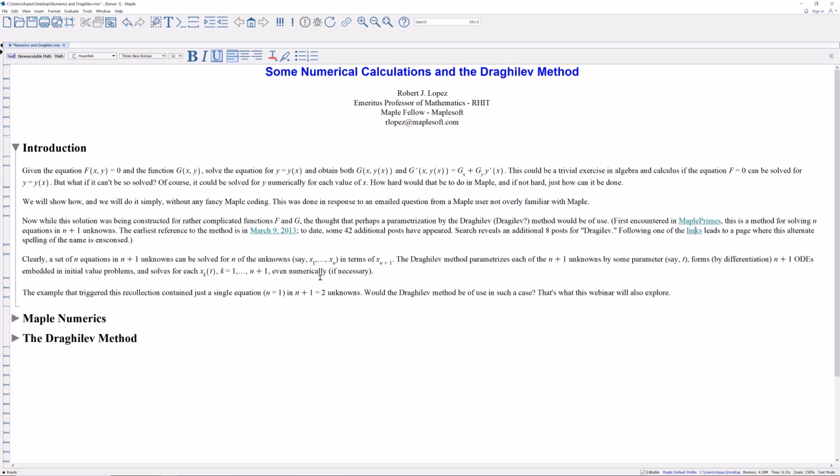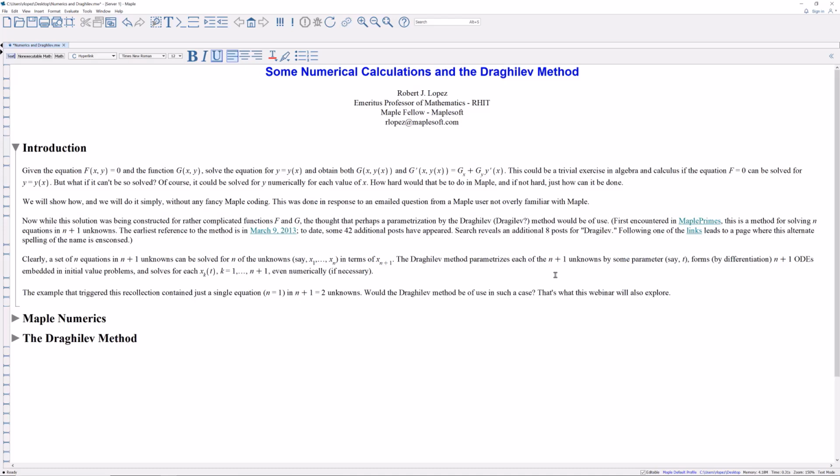But in the Draghilev method, each of the unknowns, all n plus 1 of them, are parameterized with some parameter, say t, and then by differentiation you form n plus 1 ODEs, and you embed them in appropriate initial value problems, and then you solve those ODEs, or those initial value problems, for each of the unknowns as functions of the parameter, and here I wrote down t.